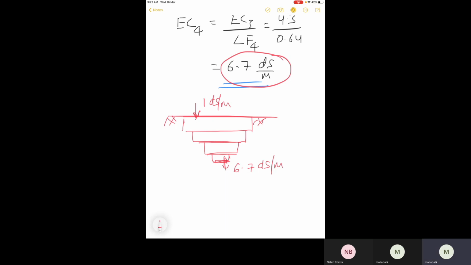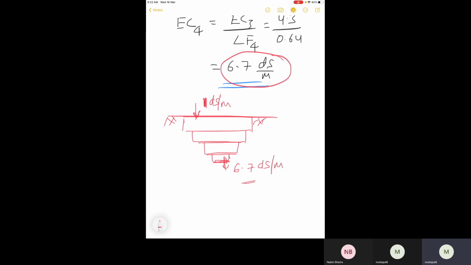So in is with the irrigation water. We are not considering the original soil salinity, which is already present in the soil. We are considering the soil salinity caused by irrigation water. Okay, so that is one, and 6.7 deci per meter.